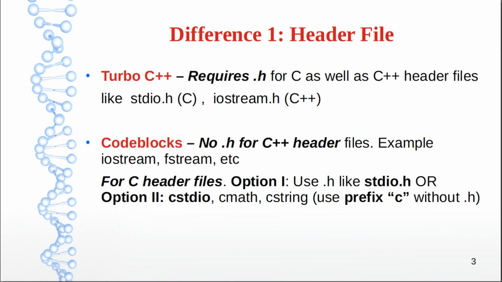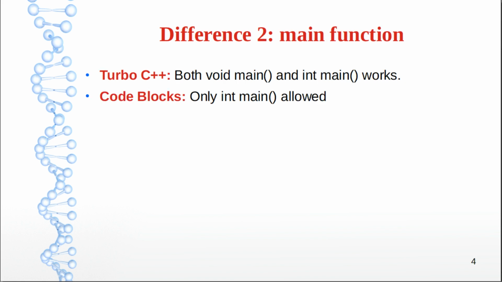But when we work with Code::Blocks, there is no need of .h for C++ header files like iostream, fstream, etc. For C header files, we have two options. We can use .h like stdio.h, or we can prefix them with c like cstdio, cmath, cstring. In that case, we do not have to put .h.